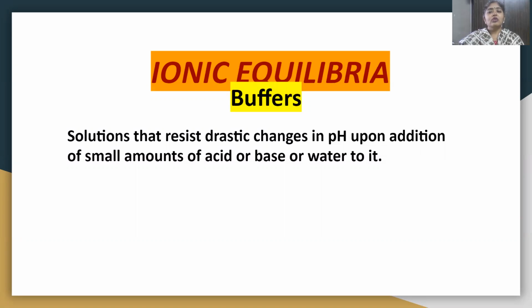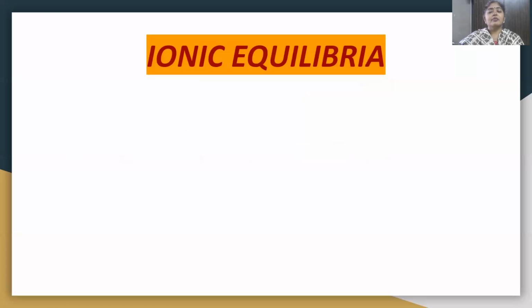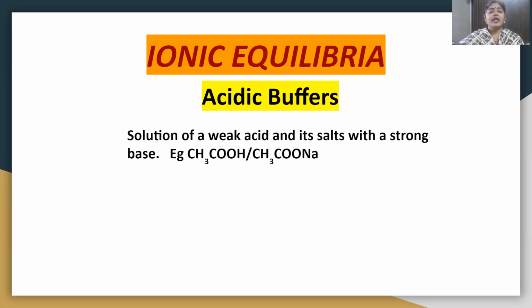Now there are basically two types of buffers. You can have acidic buffers or you can have basic buffers. So let us understand what are acidic buffers first. Acidic buffers are prepared by mixing together a weak acid and its salt, which is made by reacting the weak acid with a strong base.